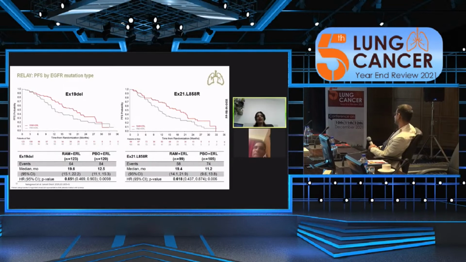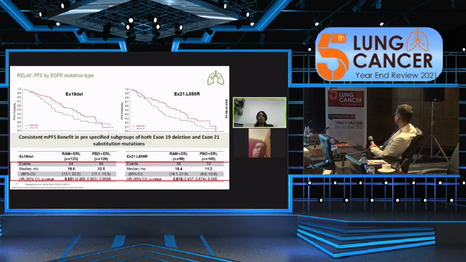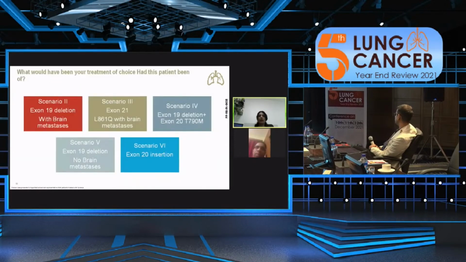This slide again shows how, when we use the RELAY regimen, it eliminates the difference between exon 19 and 21. And that to me is a pointer in itself, telling me that if I utilize this combination regimen, my patient will behave in the same way as exon 19, and that's a big win.